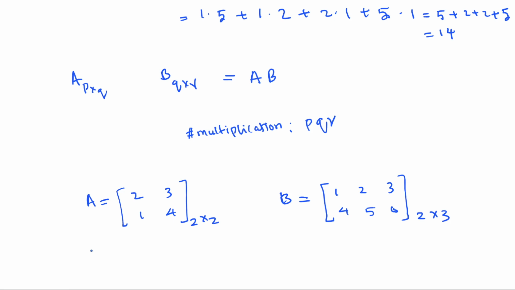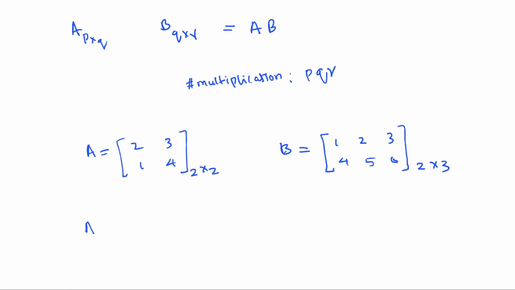Now if you find the product AB, then you can find it in this way, that is 2 into 1 plus 3 into 4. This we are multiplying this row with this column.